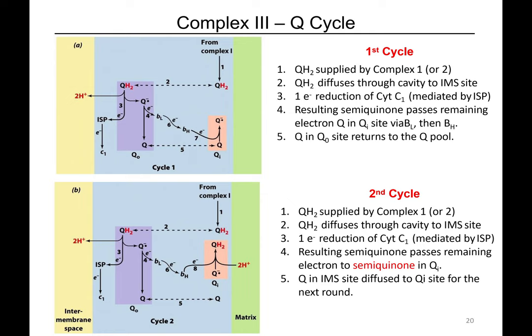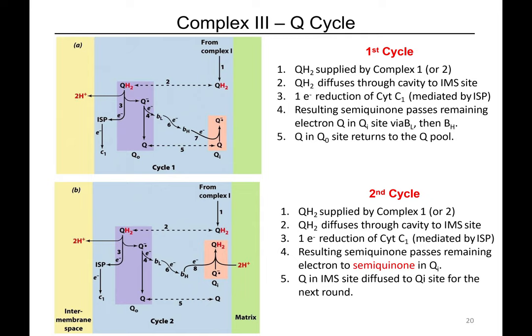Another reduced form of coenzyme Q comes in, binds to the QO site. One electron goes to the iron sulfur protein through cytochrome C1, ultimately to cytochrome C. The other electron gets passed through our B-type hemes. It's given to our semiquinone to result in a fully reduced quinone. Okay, that's the Q cycle.